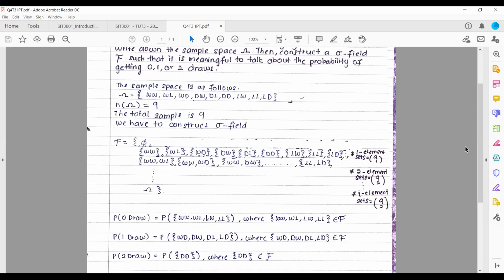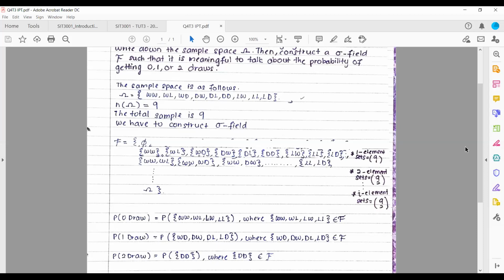And maybe they'll make further assumptions like winning is 1/3, losing 1/3, drawing 1/3. So then you can calculate that. But in order for this to hold, it all depends on that particular set being in the sigma field. And you don't have that problem in principle because you basically just construct your sigma field as the power set.